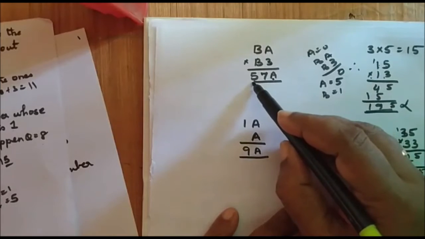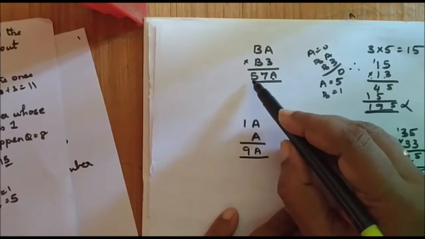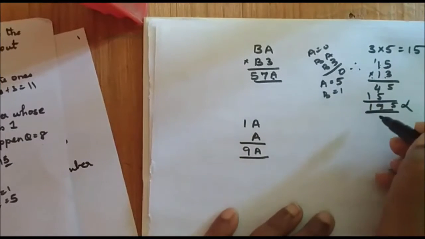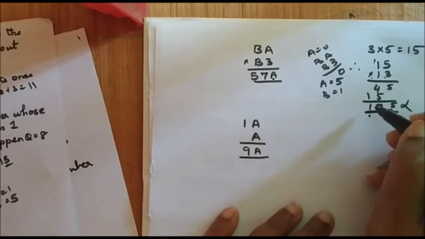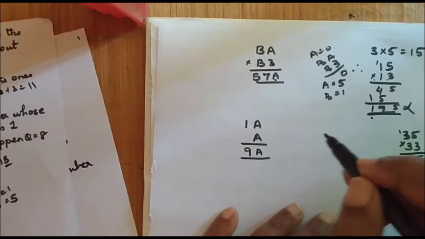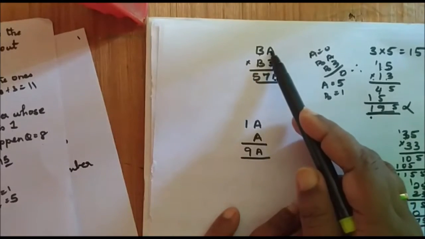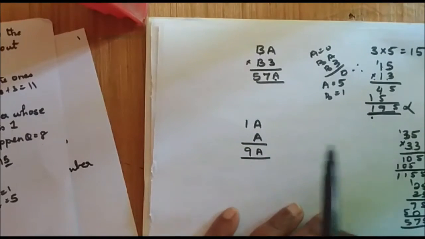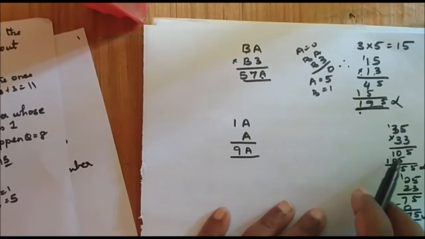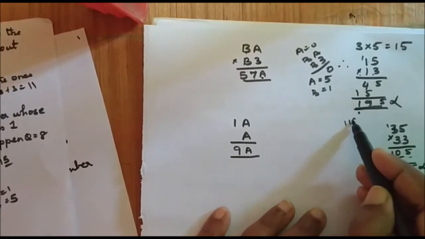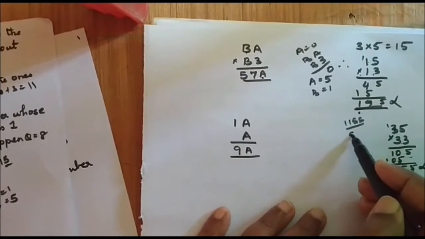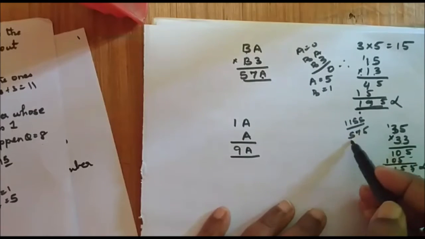But here in the 3-digit number, the first digit is 5, whereas here it is 1. So it is less than that. So now let me take the next number as 3. Therefore 35 into 33. What do I get? 105 and 105, 1155. 1155 is very big compared to 575, isn't it?